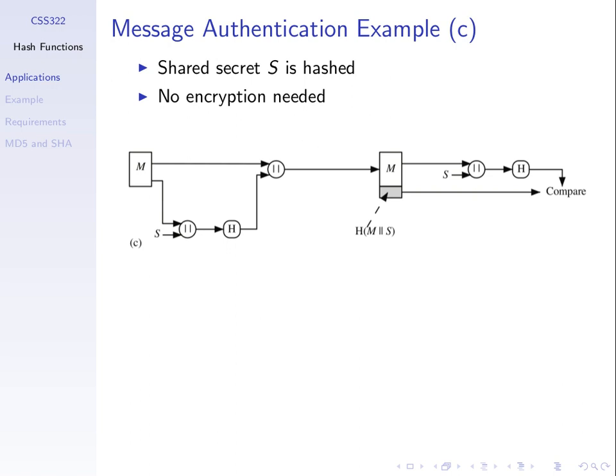Let's see how that works. A has a message they want to send to B and the secret value that is known. They combine the message and the secret. So here's the concatenation operation.